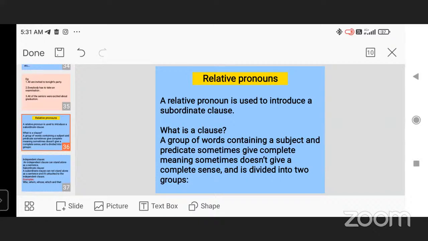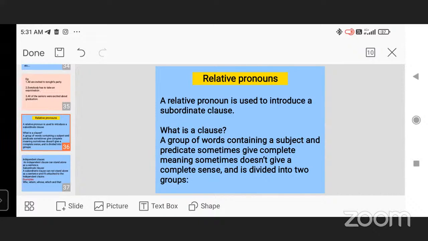Before saying the subordinate clause, I'll explain what a clause is. A clause is a group of words containing a subject and predicate.